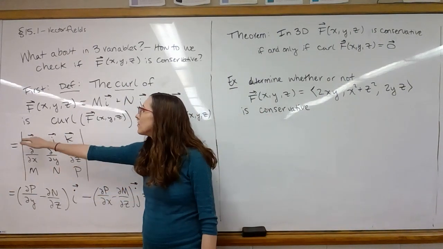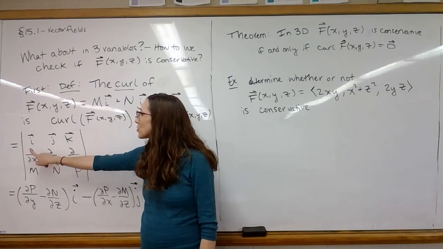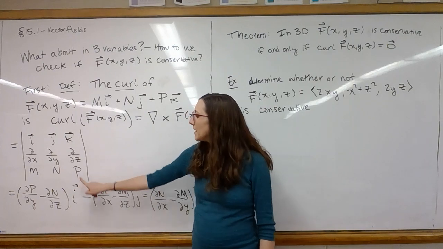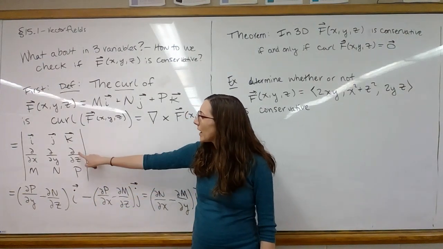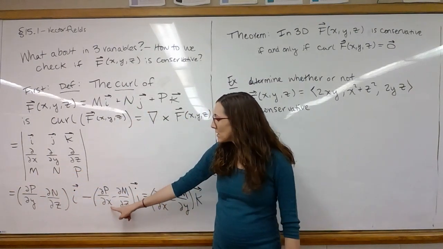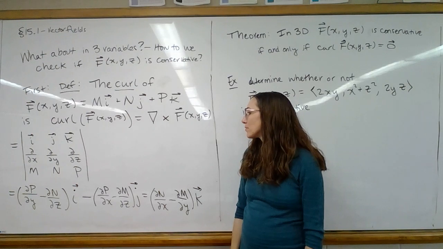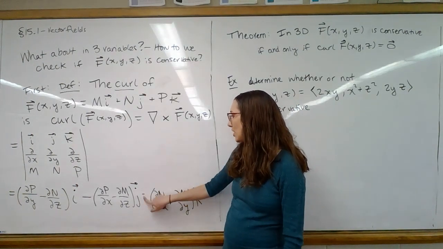And then remember you do minus the j component. So you cover up the row and column of j. The main diagonal says take the partial with respect to x of P, and then subtract the partial with respect to z of M. So we've got the partial of P with respect to x minus the partial of M with respect to z, all times j.